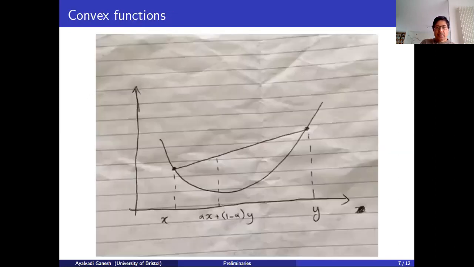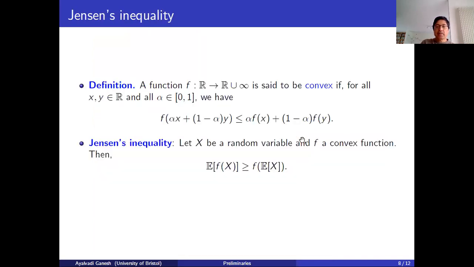And that should hopefully also be clear from this picture. So let's go back down here. So suppose the random variable x takes only two values. It takes value little x with probability alpha and little y with probability 1 minus alpha.